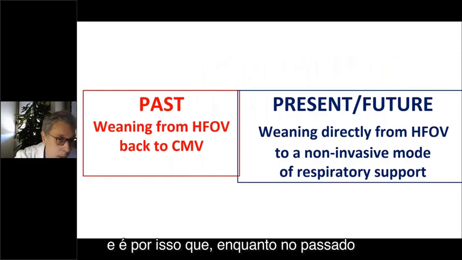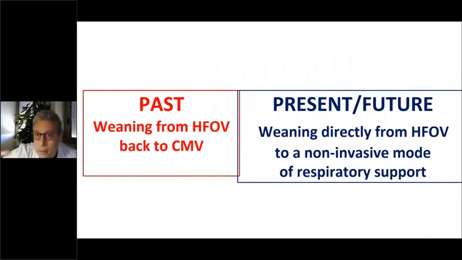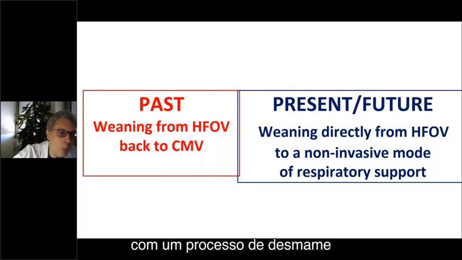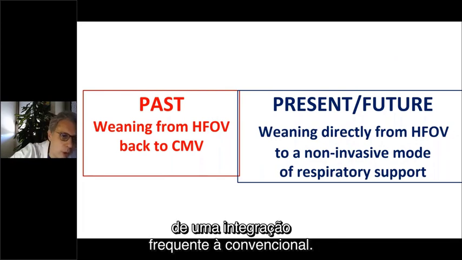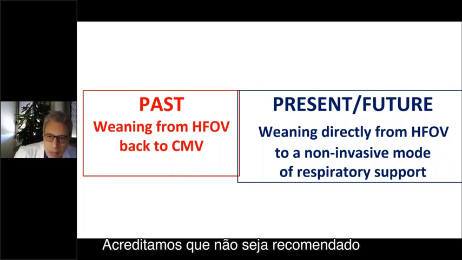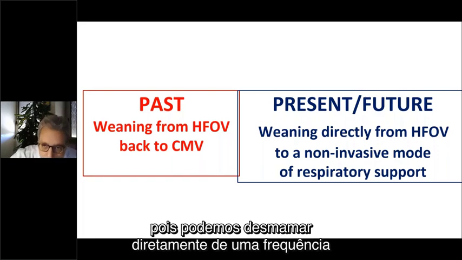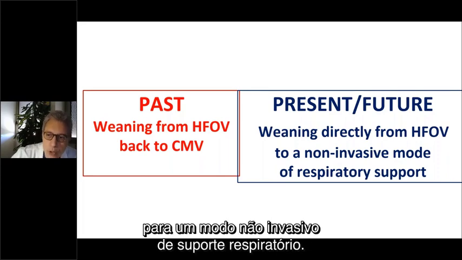And this is why, while in the past and also now some centers prefer to extubate the baby with a weaning process from high frequency to conventional ventilation, we believe that it is not recommended to start conventional ventilation before extubation, because we can directly wean from high frequency to a non-invasive mode of respiratory support.